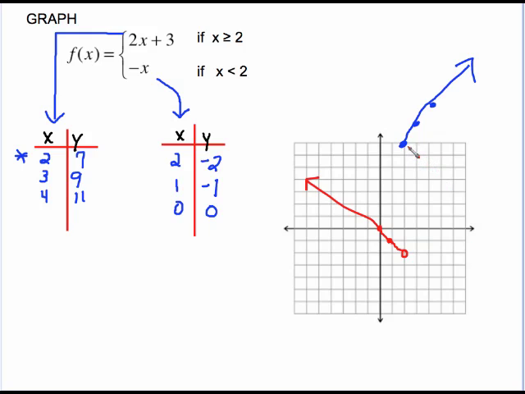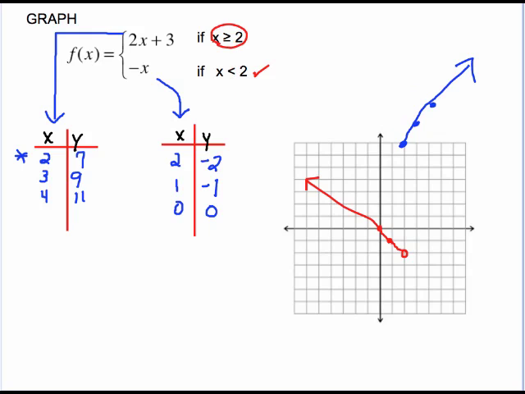Important thing here is that this gets the colored in circle because this was where I had put my star because that's where it was greater than or equal to 2. Since this is just less than 2, it has to have the open circle. And the reason that's important is you should remember that a function cannot have 2 points along the same vertical line. This would fail the vertical line test if this were a colored in circle. That's why that has to be an open circle. And specifically, that one has to be the open circle one because that just says less than 2.